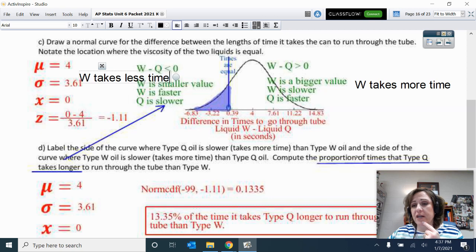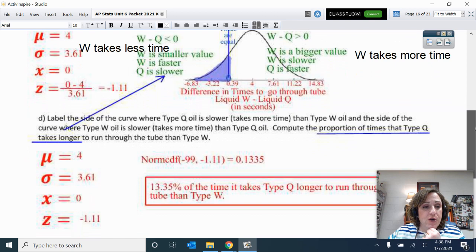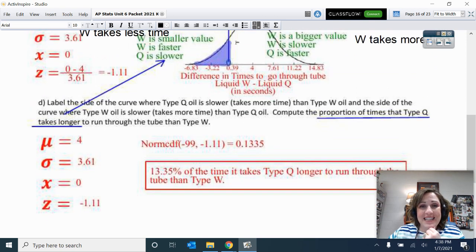All right, once I define that, then I go to the question, and the question says, compute the proportion of times that Q takes longer. So here it is. Q is slower. That means Q takes longer. So then once I've defined what's happening on each side, then I go see what side it wants. It wants this side here. So I then find the z-score at the location by doing x minus the mean over the standard deviation.